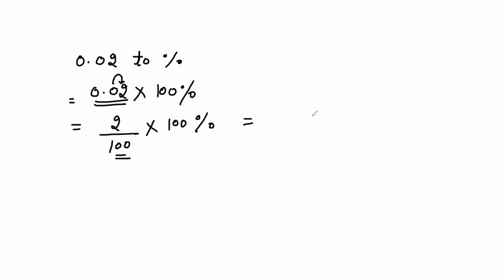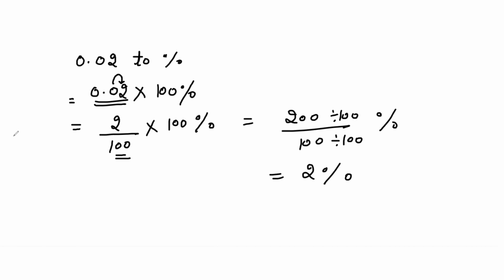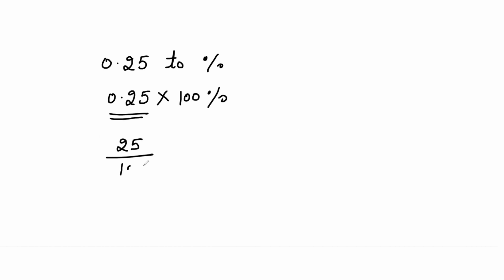So I'll get here 200 over 100. If I want to simplify it, I can divide this with 100, and I'll get 2%. Similarly, if I have another example, 0.25 percentage. So I'll do the same, 0.25 into 100%. 0.25 can be written as 25 over, yes, exactly 100 into 100%.